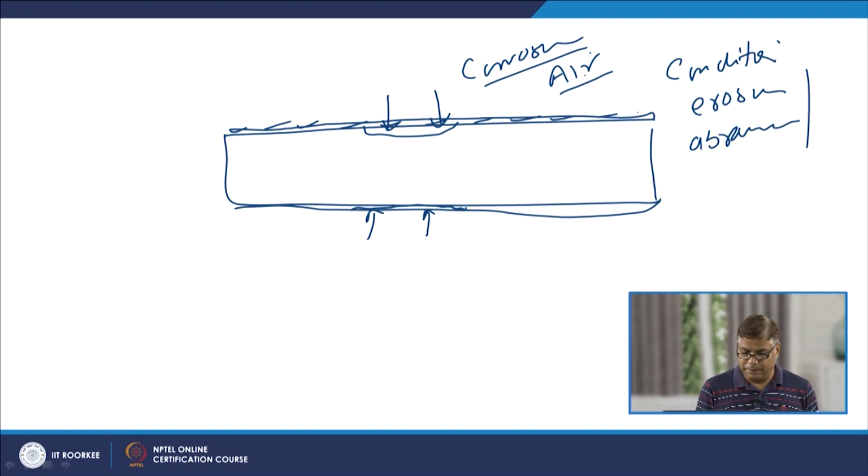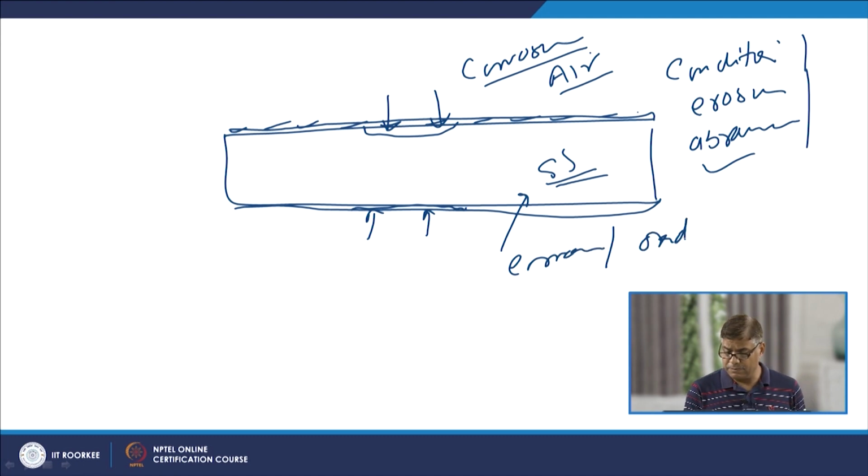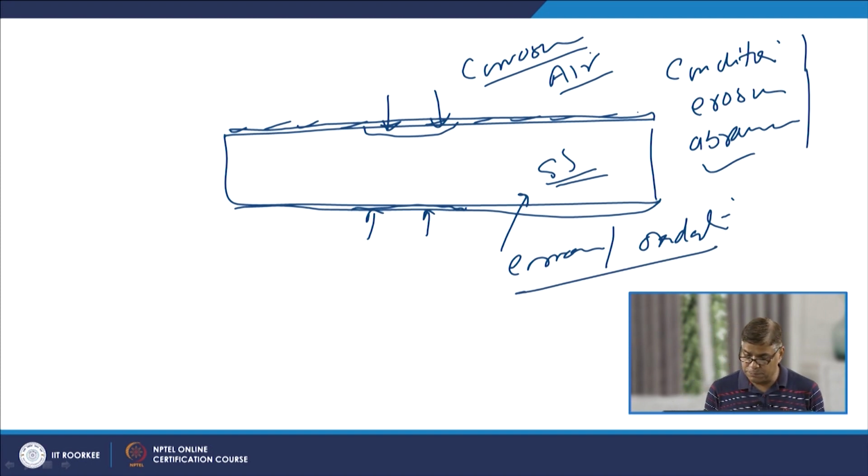So, if the passive oxide layer is getting damaged and removed due to the conditions to which this kind of stainless steel has been exposed, it will lead to corrosion or a kind of oxidation as per the environment in which the steel has been exposed.